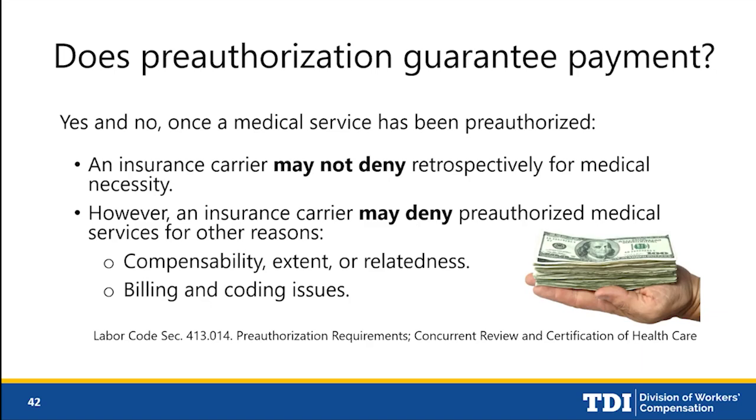So the adjuster may have said, oh yeah, we're going to pay that, we're going to process it. What matters is what's in writing. So refer to that EOB. And remember, they should have notified you on the pre-authorization approval whether there's any outstanding issues on compensability, extent of injury, or relatedness beforehand.